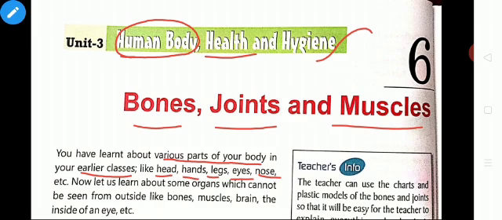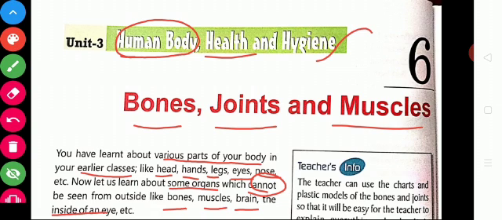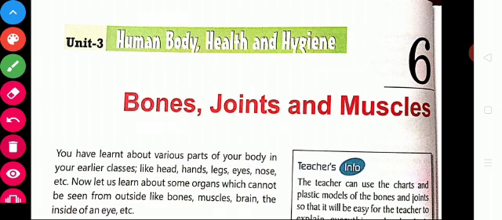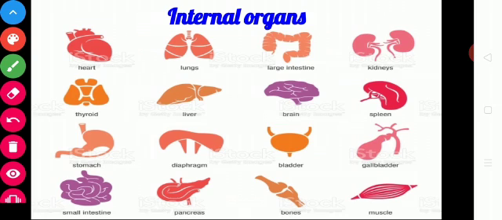Now we are going to see about some organs which cannot be seen from outside. What are those organs? Like bones, muscles, brain, the inside of an eye, etc. So these are some of the organs which we cannot see from outside. We can say that as internal organs. Yes, they are said to be internal organs.